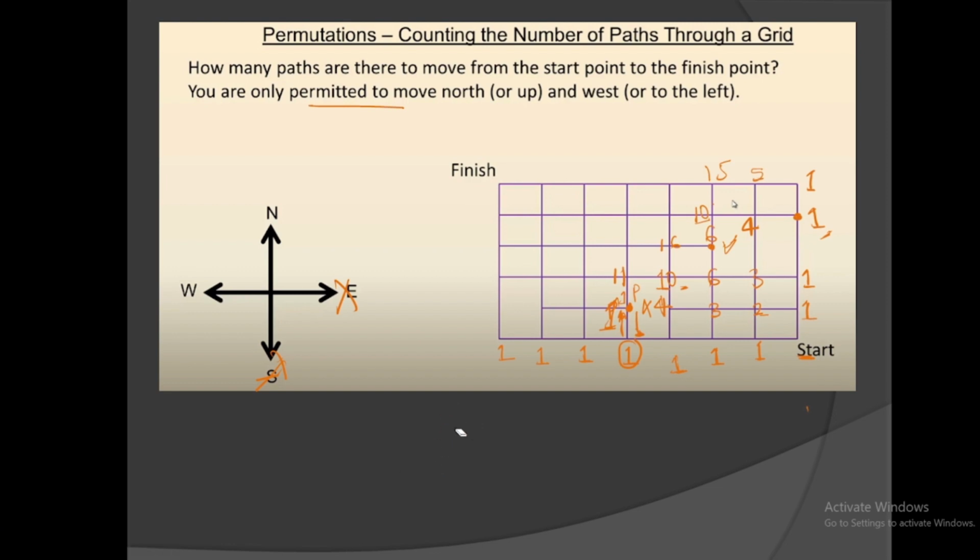Now again, clearing the space to have clarity. So we have over here 1. And this 1 plus 1 is how much? 2. And this 11 plus 2 is how much? 13. And this 2 plus 1 is how much? 3.